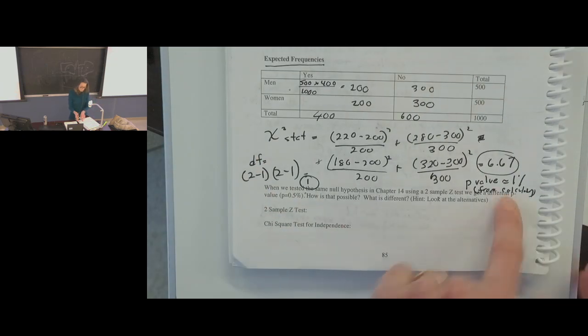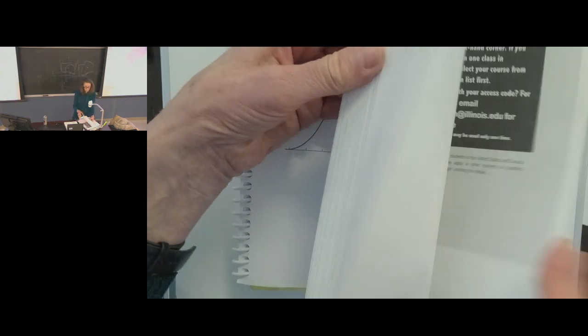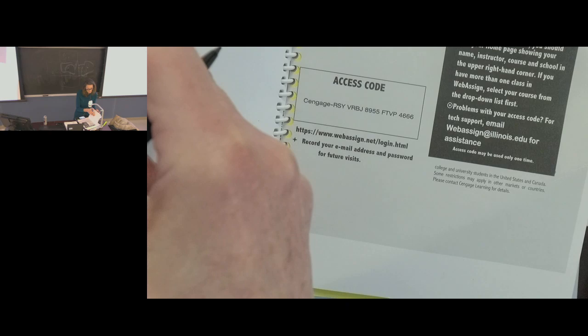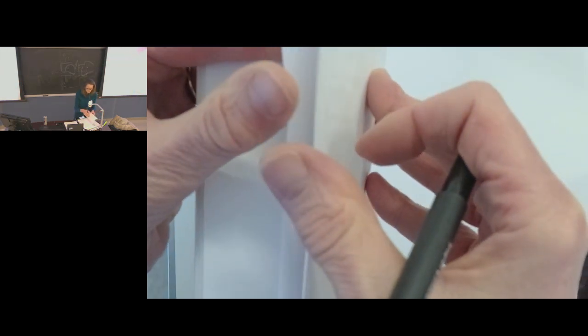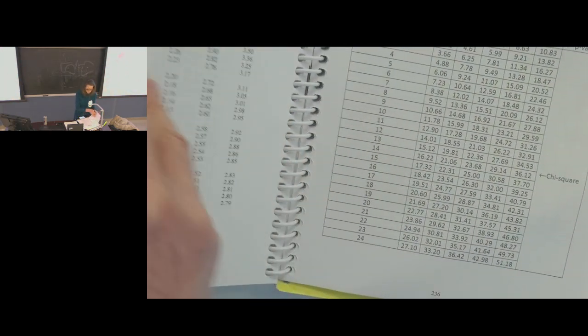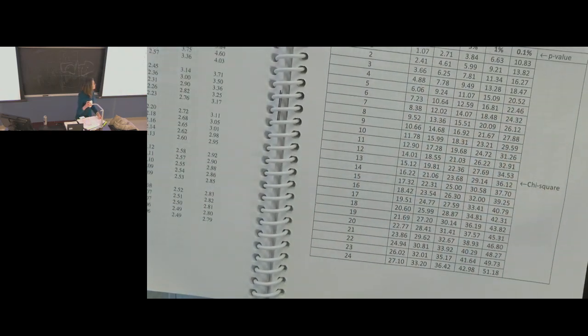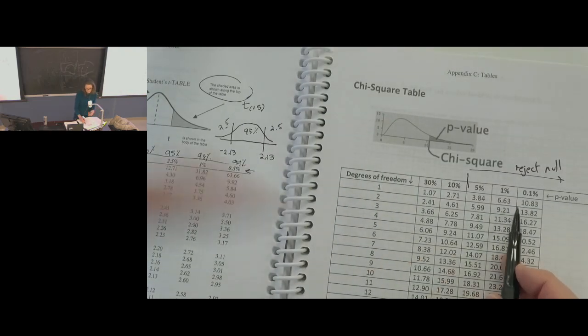If you want to see what would happen, let's look. With 1 degree of freedom, would we get 1%? It's probably close to it here. Oh, yeah. It was just because of the rounding.